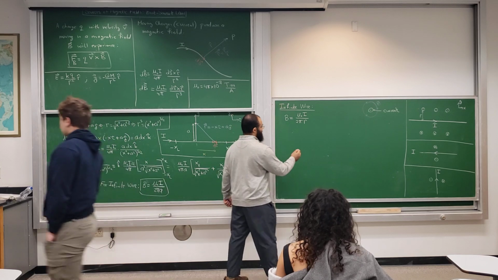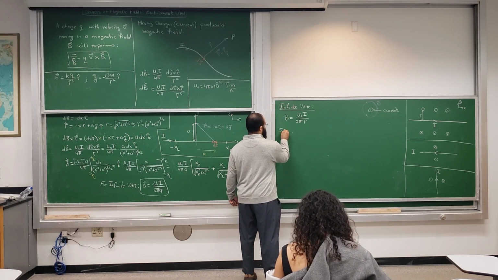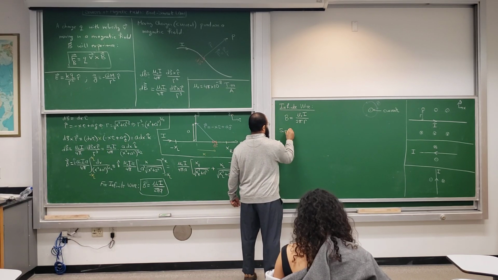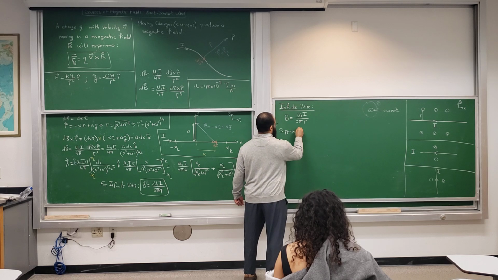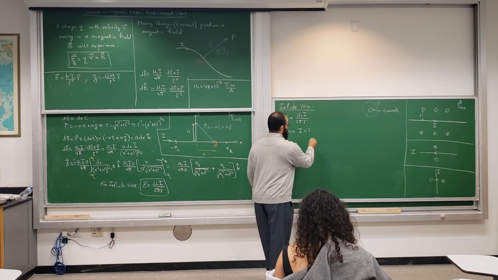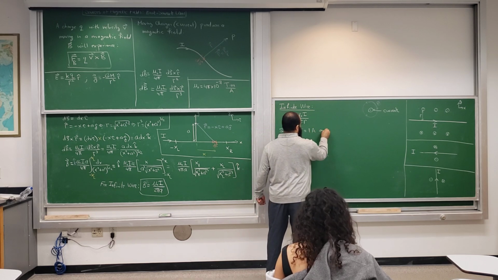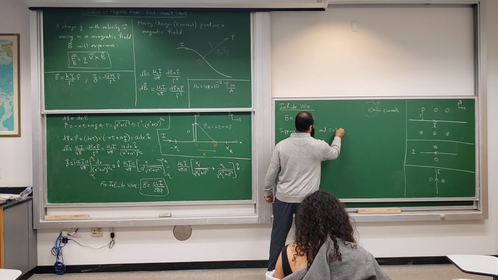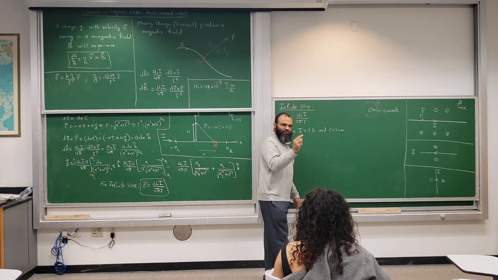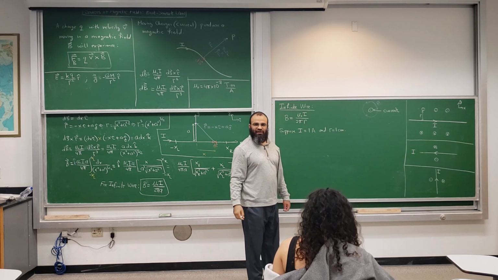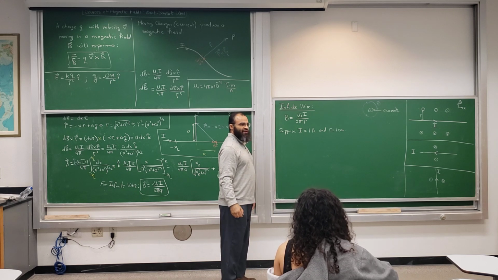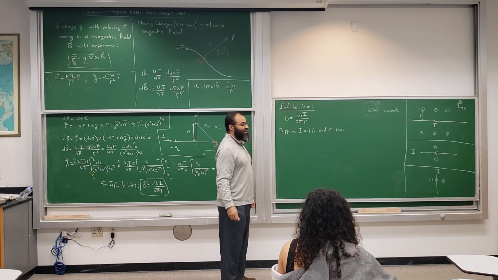So here's the wire. Suppose I is 1 ampere and R is 1 centimeter. So you're really close to it, just a centimeter away from the wire. How much is the magnetic field?